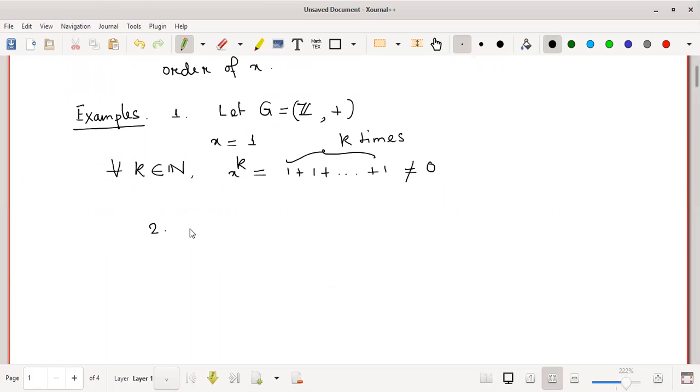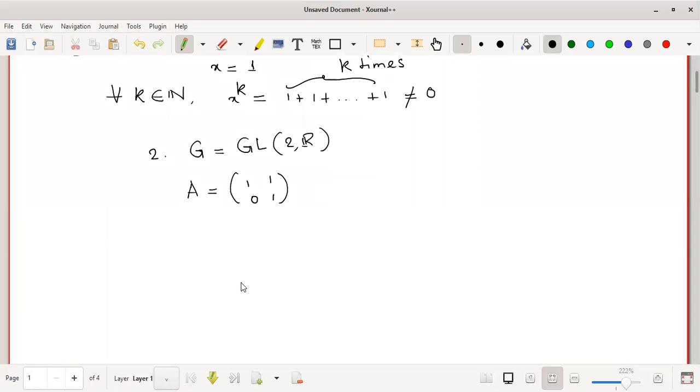The second example, suppose our group is GL2R. So my G is GL2R. And suppose A is the matrix 1, 1, 0, 1. Then what will be the order of this element A? Take any natural number k.